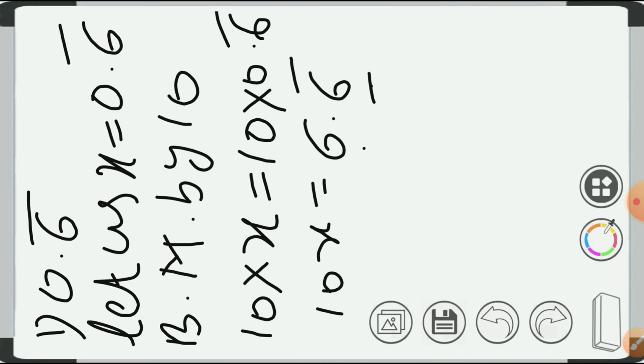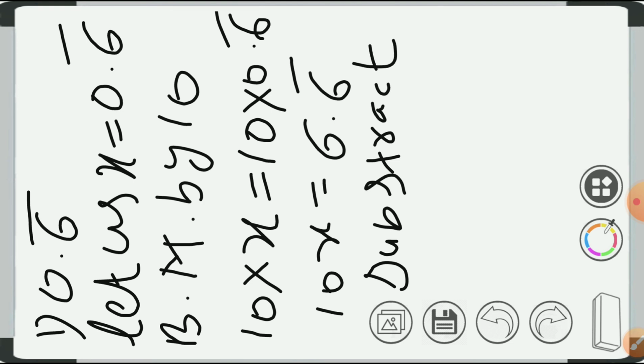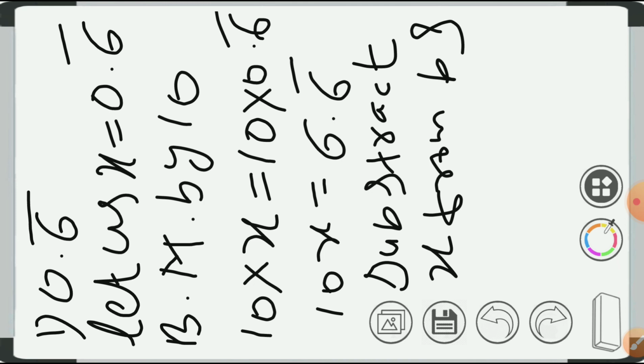Okay, bar. And next step, subtract x from both sides. That's why 10x minus x equals 6.6 bar minus x.